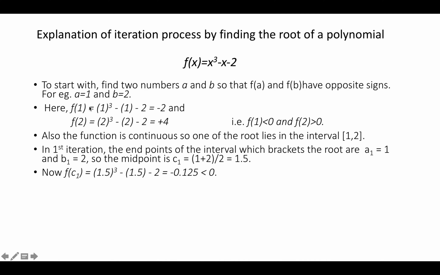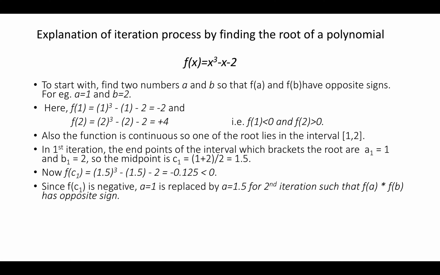So we have to replace a negative value of the function with the negative value. So a1 should be replaced by c1 in this case. Since f(c1) is negative, a equal to 1 is replaced by a equal to 1.5 for the second iteration, such that f(a) multiplied by f(b) is less than 0, obviously.